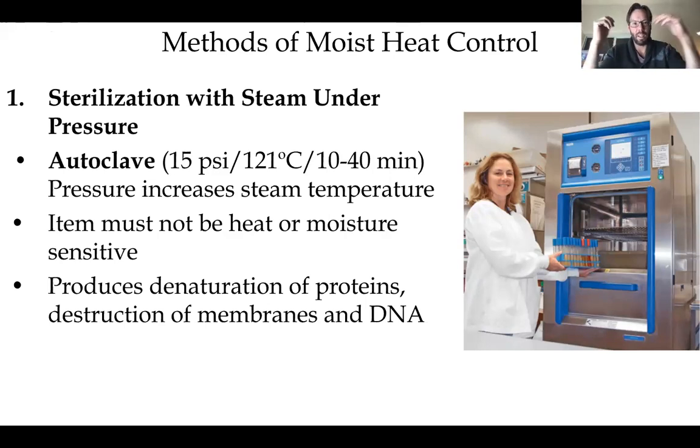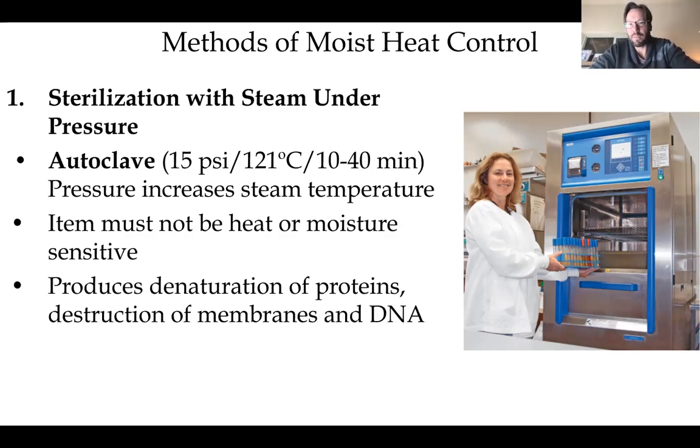When we talk about sufficiently hydrated heat, sterilization with steam under pressure is autoclaving. That's usually 15 psi. You do have to adjust your autoclave at altitude, but we typically don't.